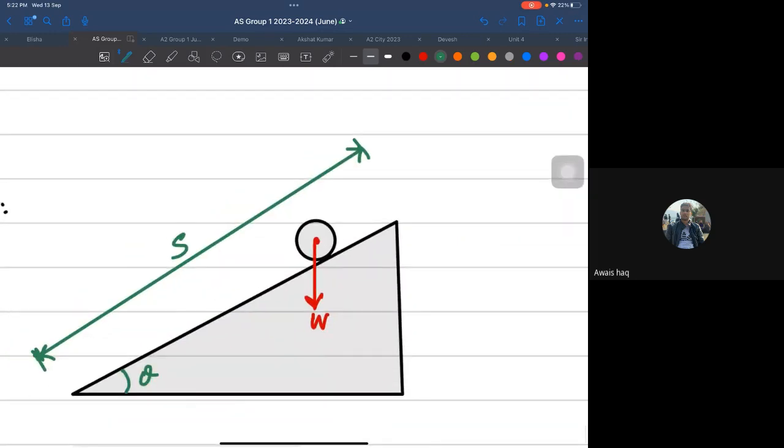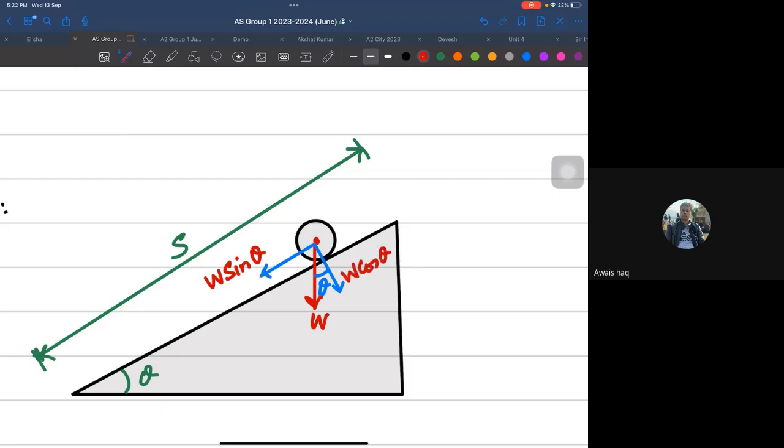Let me remind you. We used to make one component down the slope, and one component perpendicular to the slope, like that. I told you that the angle of the slope is the same angle as this one, which means that this force is going to be W sine theta, and this one is going to be W cosine theta.